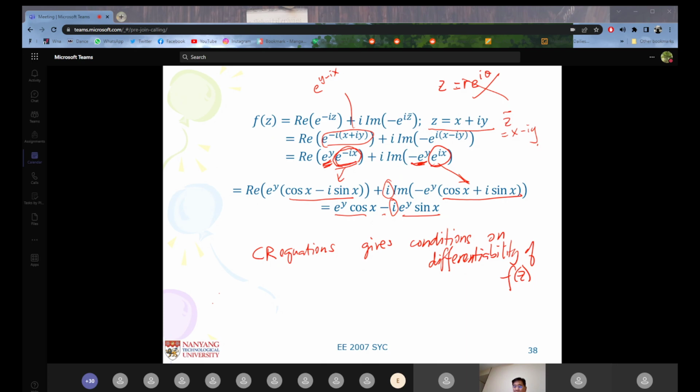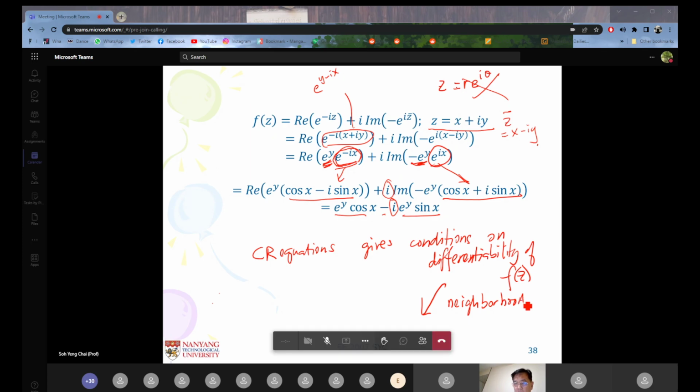This function is analytic. So from this, to get analyticity, you need to impose the conditions of neighborhood, right?